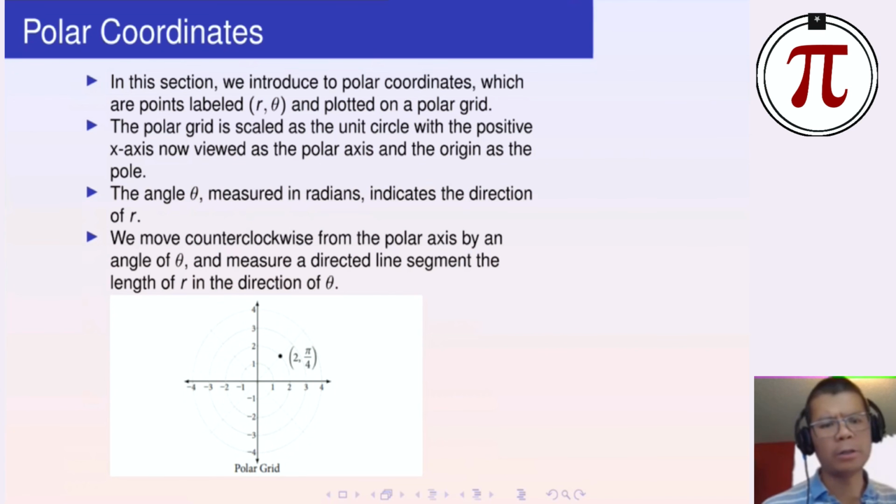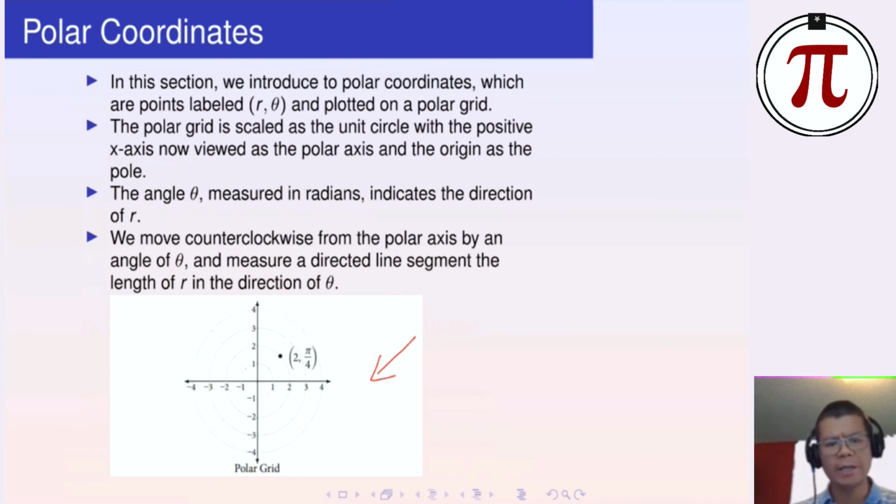What do we mean by a polar grid? The polar grid is scaled as the unit circle, as we can see from the graph here. You can have different circles, co-centered circles.